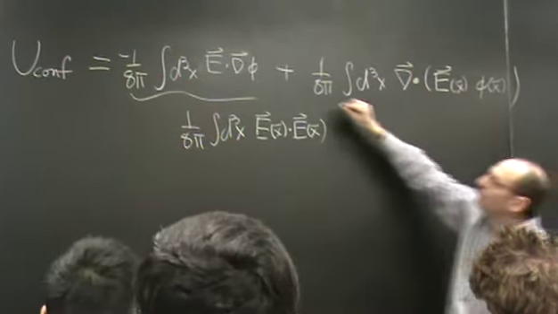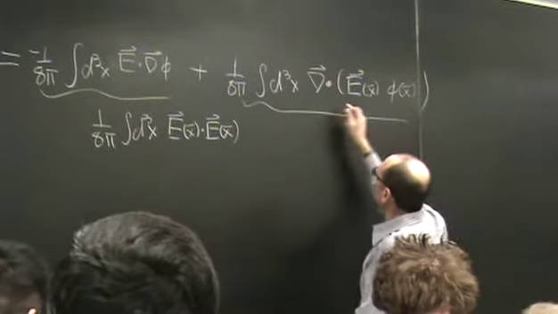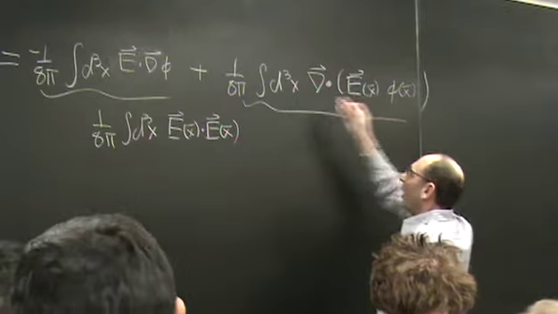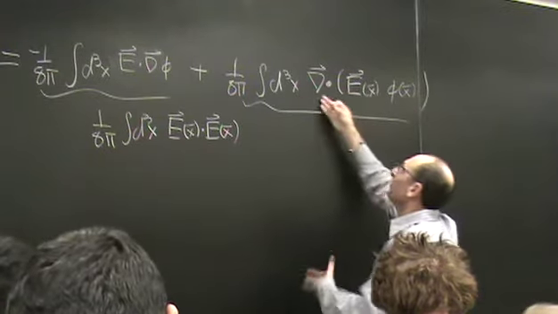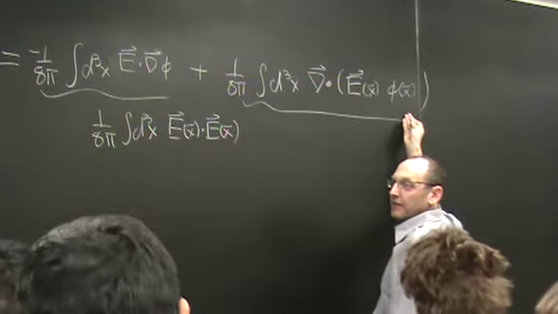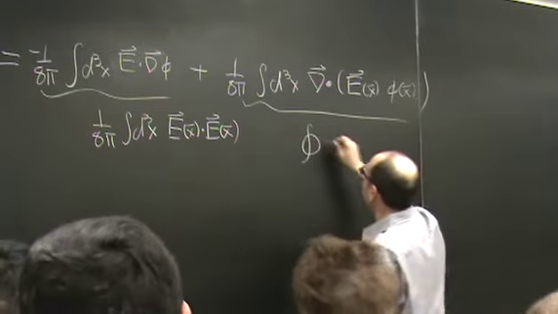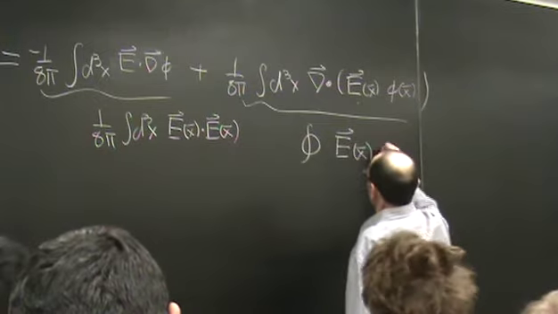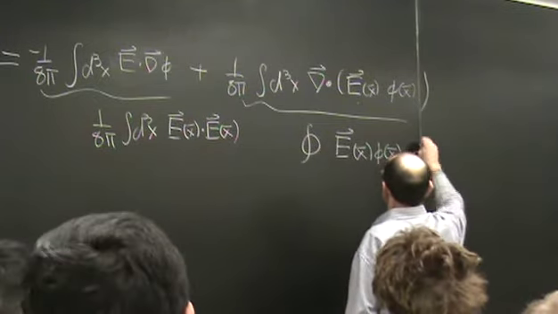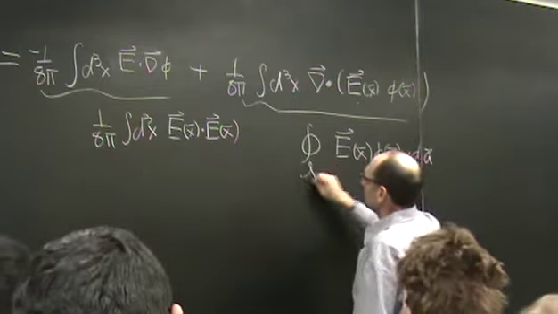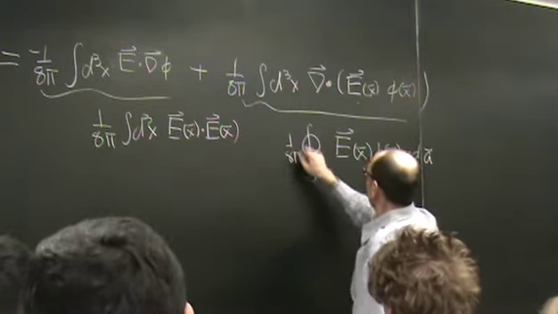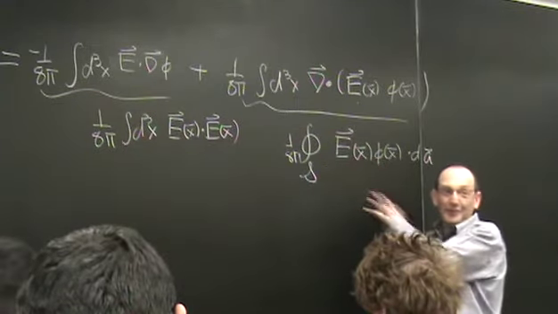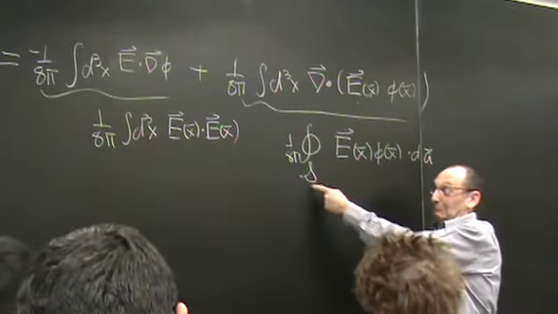This term, well, based on the divergence theorem, the integral over a volume of the divergence is equal to the flux of the antiderivative through a surface. In integration by parts, this is what we call the surface terms, for obvious reasons.